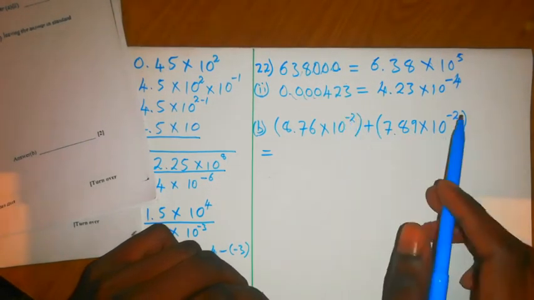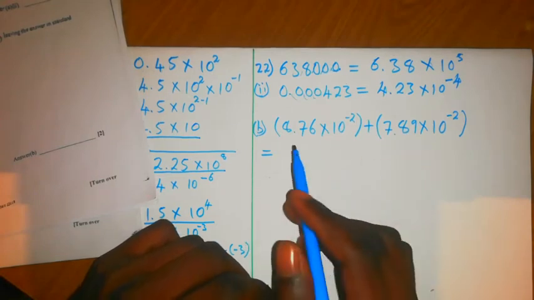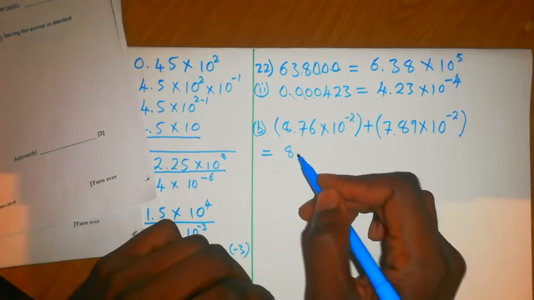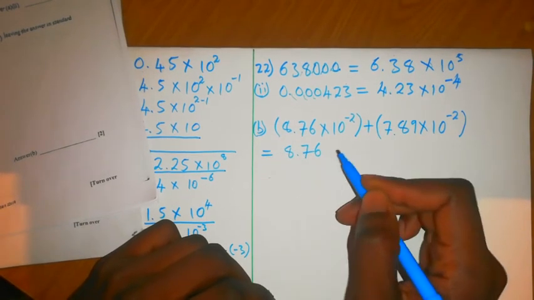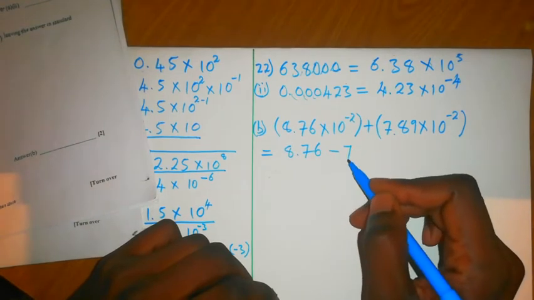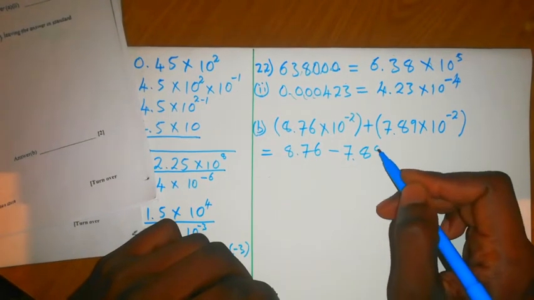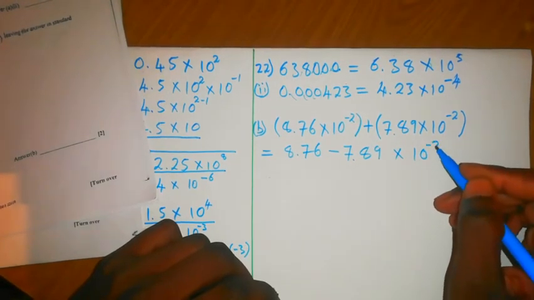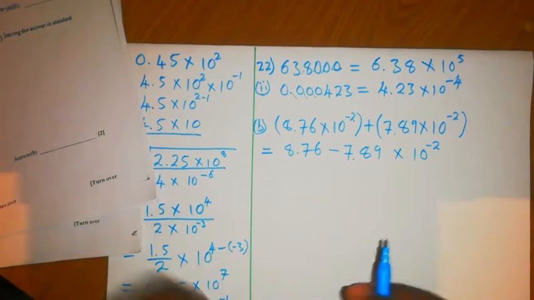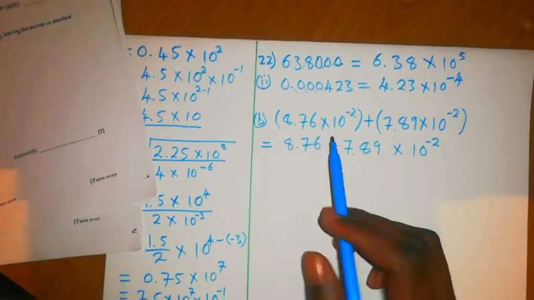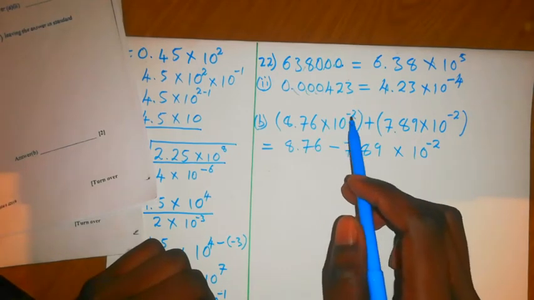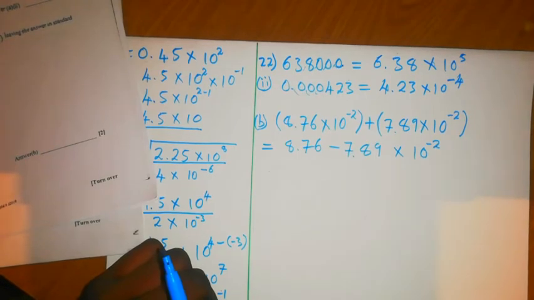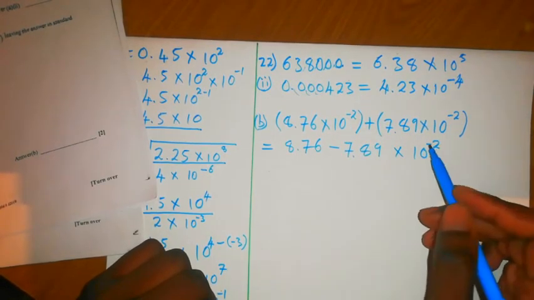If the indexes are the same, we are going to compute our working there, which is 8.76 minus 7.89, then times 10 to the power negative 2. Just listen here. Because we've got equal indexes, we just take one index.